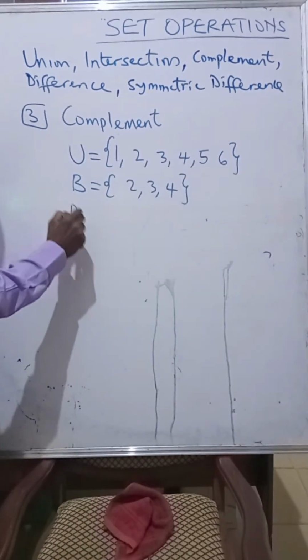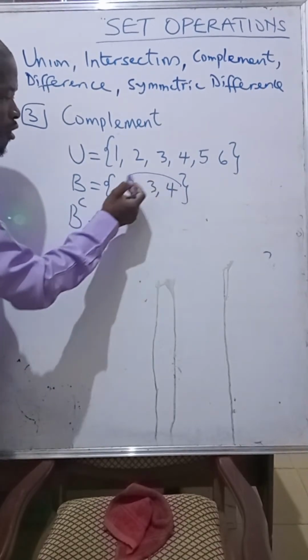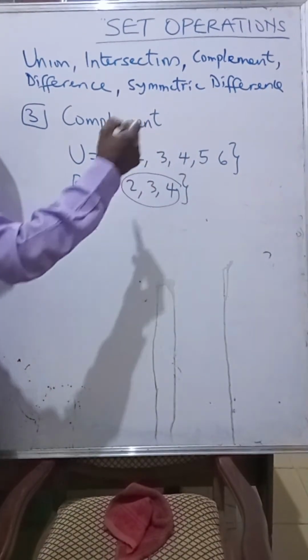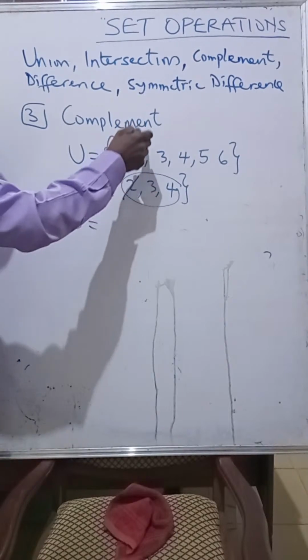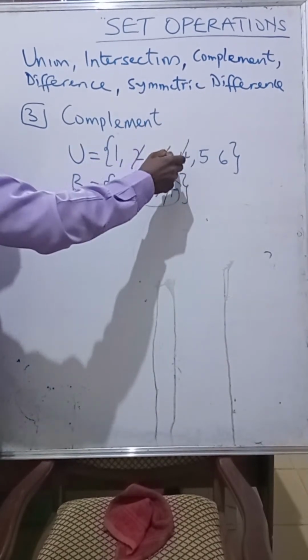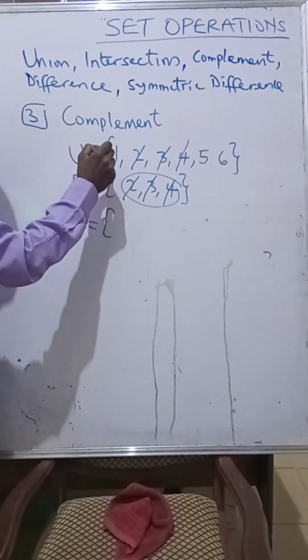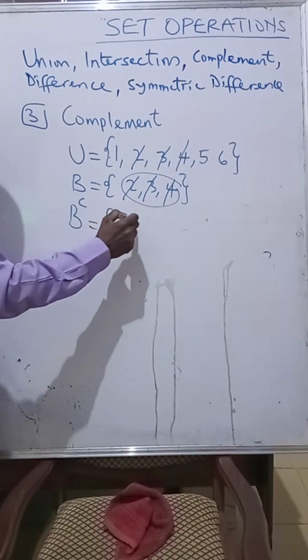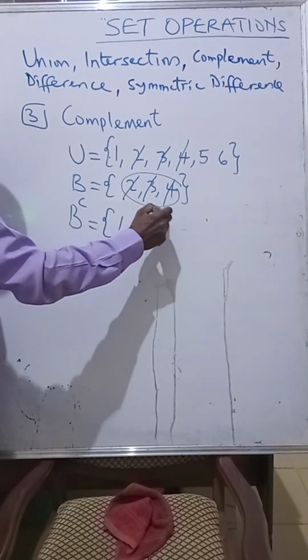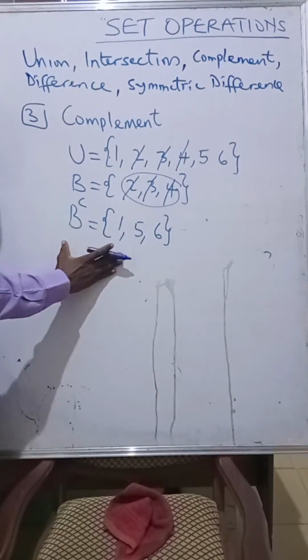So the B complement is very simple. Remove all these elements from the universal set. 2 is there, cancel out. 3 is there, cancel out. 4 is there, cancel out. So the remaining elements in the universal set are now 1, 5, 6. That's your B complement.